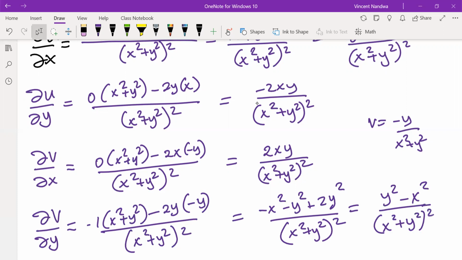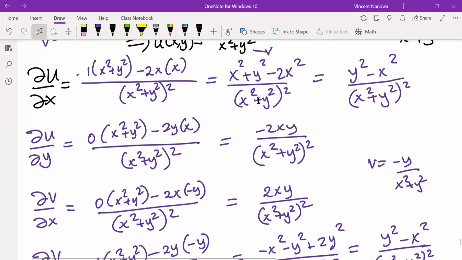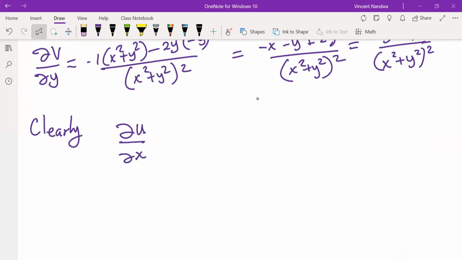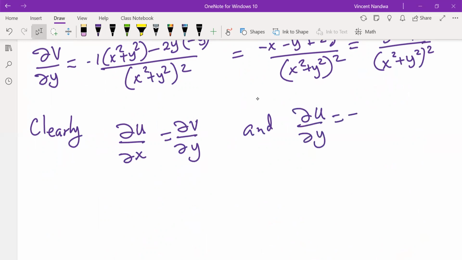I hope you can see clearly that partial u, partial x is exactly the same as partial v, partial y, and partial u, partial y is the negative of partial v, partial x. Clearly, partial u, partial x is partial v, partial y, and partial u, partial y is negative partial v, partial x, which implies the Cauchy-Riemann equations are satisfied.